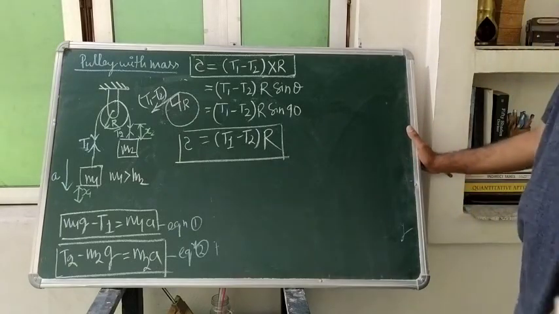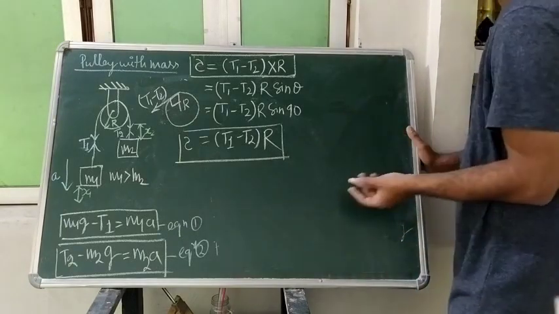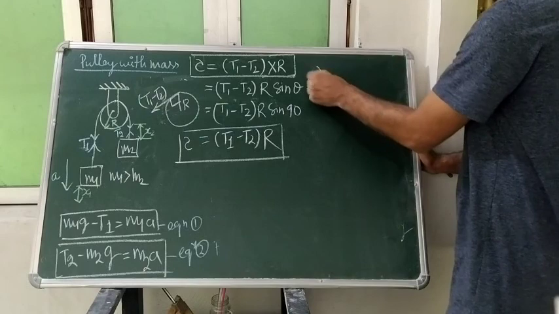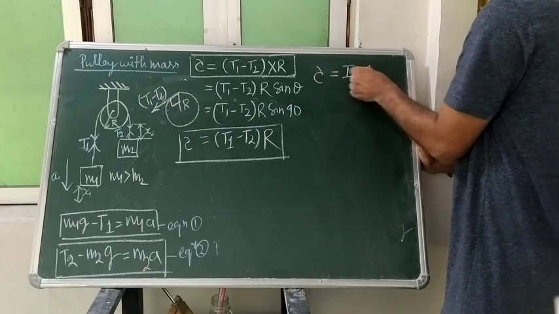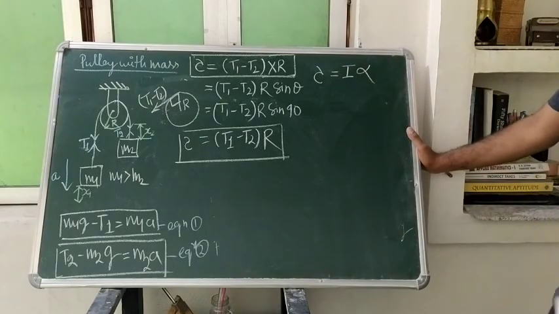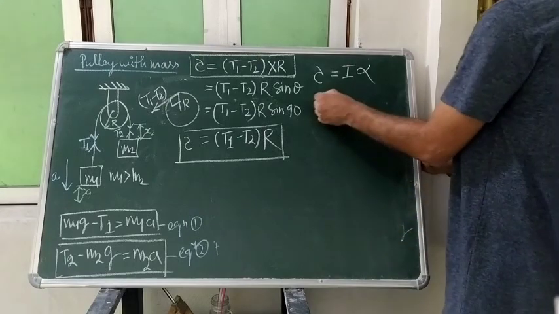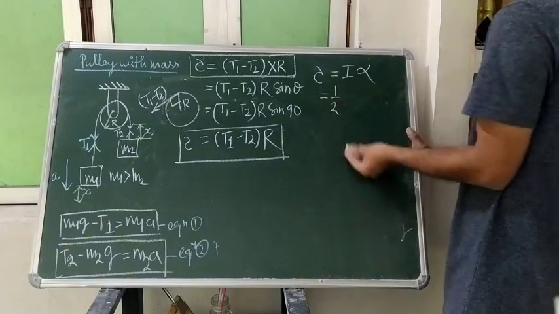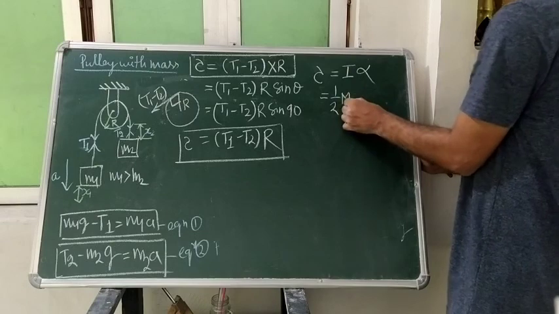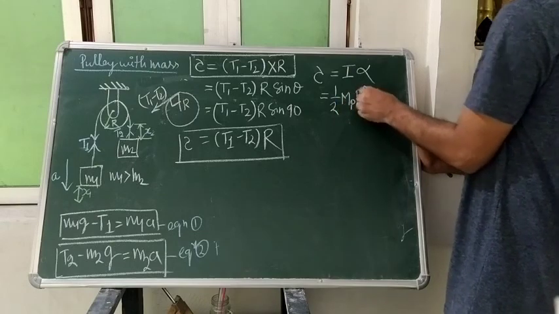Rotational motion tells us that this tau should be equal to I alpha. I, we have seen, is equal to half times the mass of the pulley and the square of the radius.